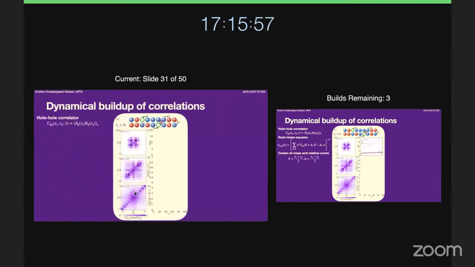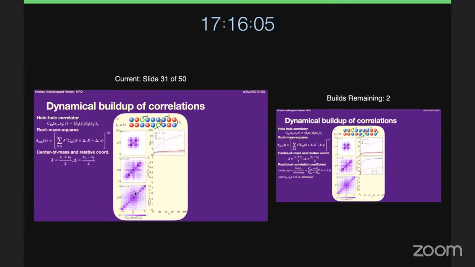Right. So let's look at some more results here. Here it's again this hole correlator calculated as a function of time. We can also look at what happens to these center of mass and relative distance coordinates.